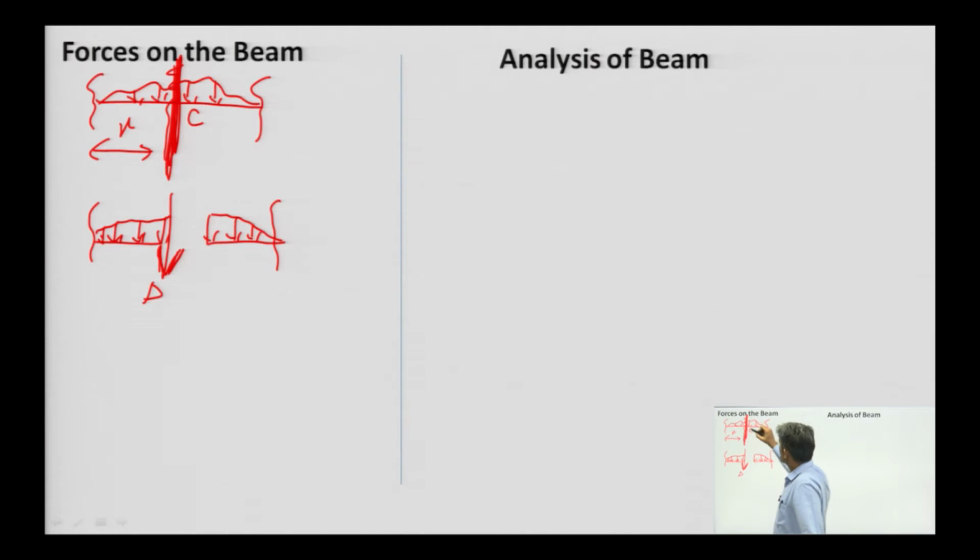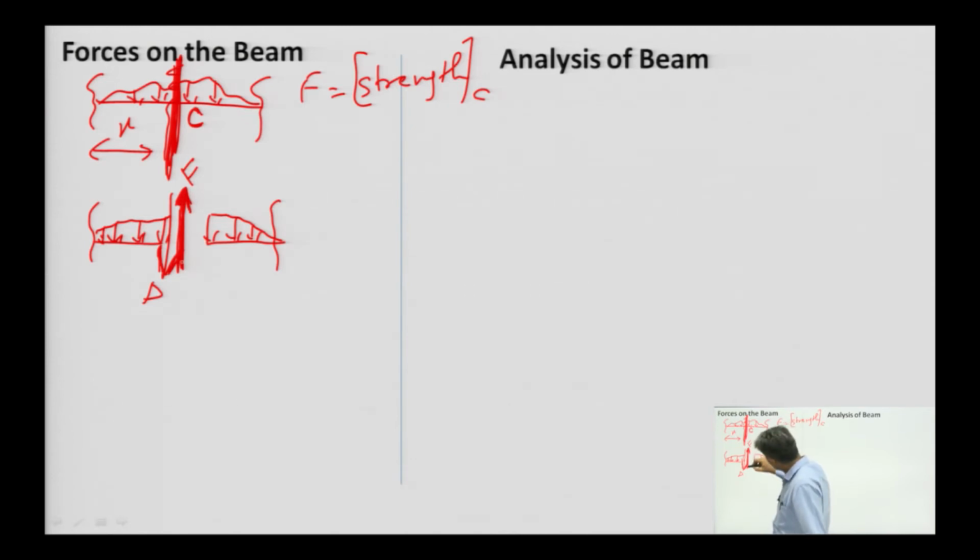Since prior to the cut, that section is not going downward, it means there must be a certain type of force in the opposite direction that can vanish this displacement, and that force F is the strength at C.